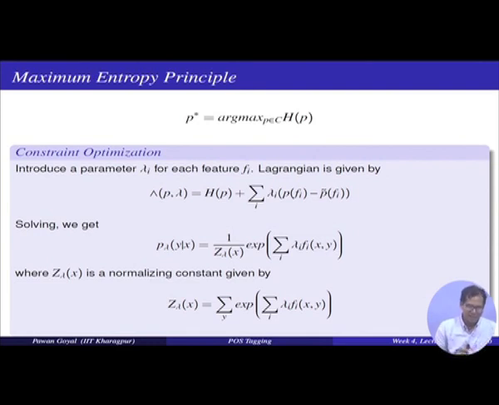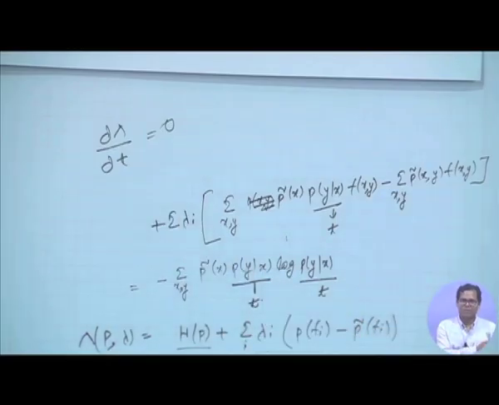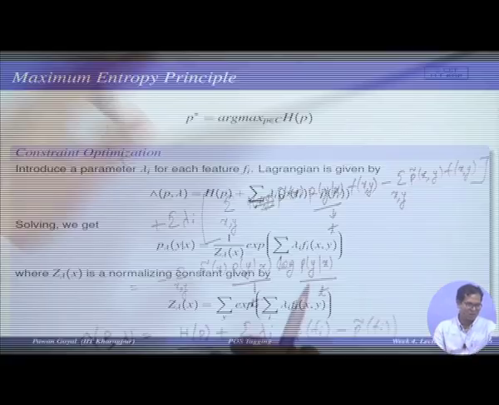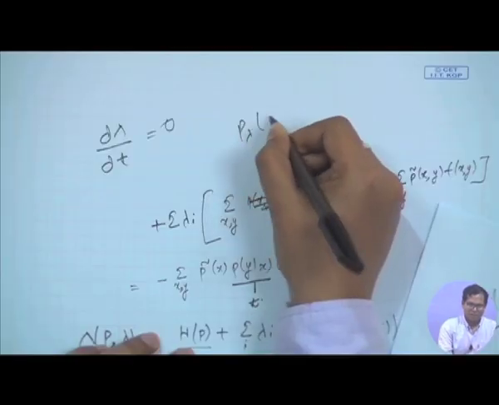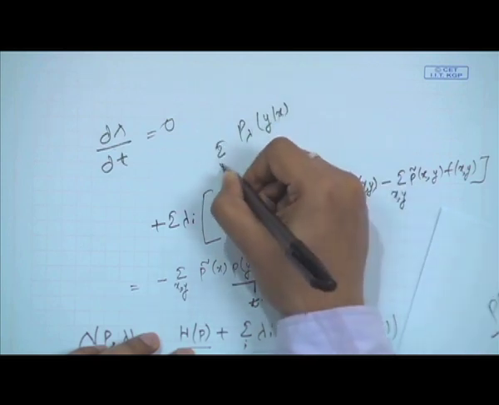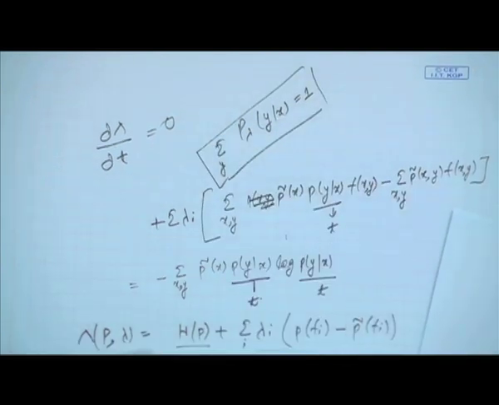It will come out to be exponential of the summation of lambda i fi(x,y) divided by the normalization constant. This is a simple exercise that you can do. You can just differentiate with respect to this parameter t, and you will come up with something close to what we have seen in the formulation of the maximum entropy model. The normalization constant is something that makes the probability p lambda (y given x), summed over y, equal to 1.